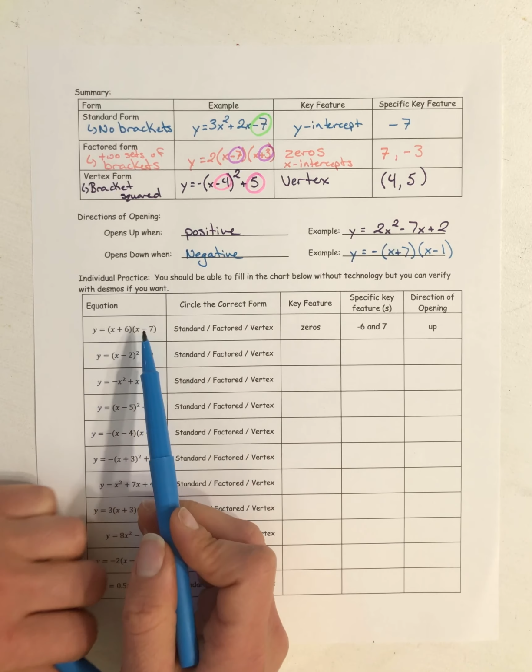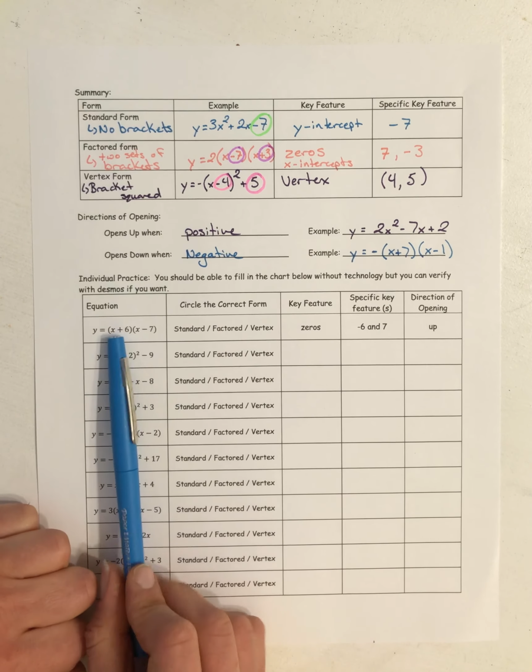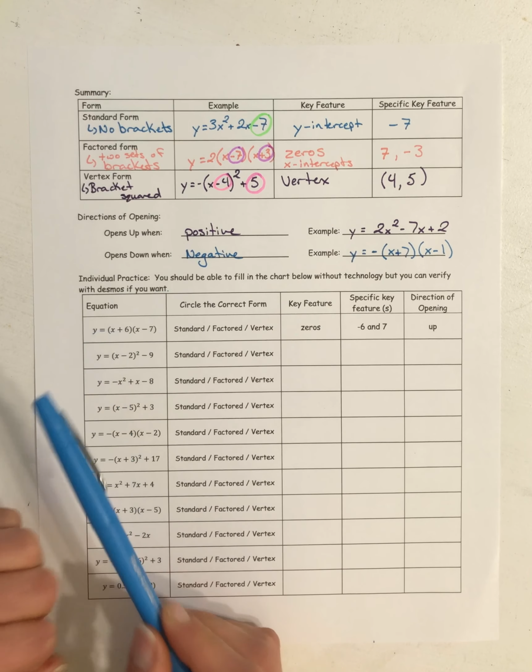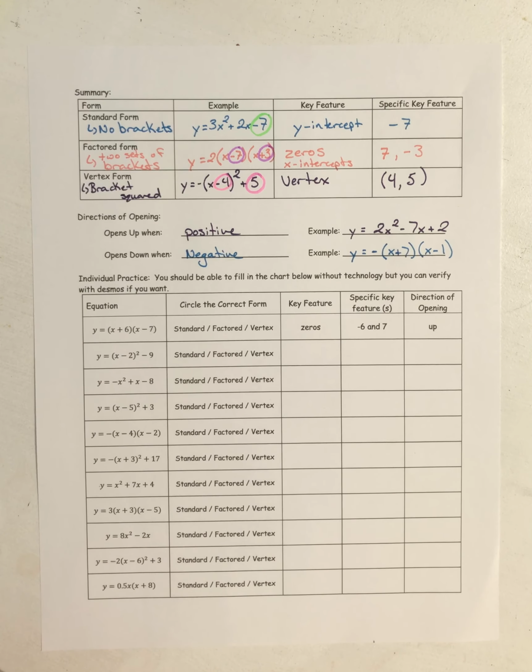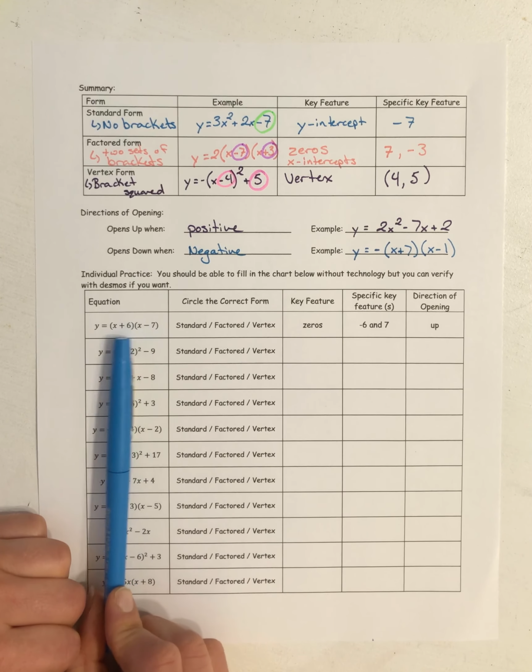And so what you're going to do is you're going to try to fill out this chart on your own. And so we have the first example here for you. So we have y equals x plus 6 and x minus 7. And what we're going to do is circle the proper form. So we can see here that we have 2 brackets, right?